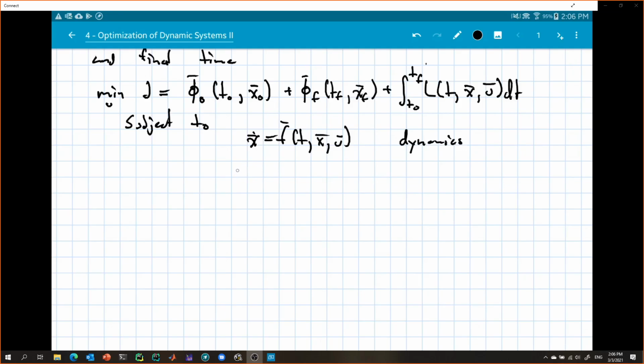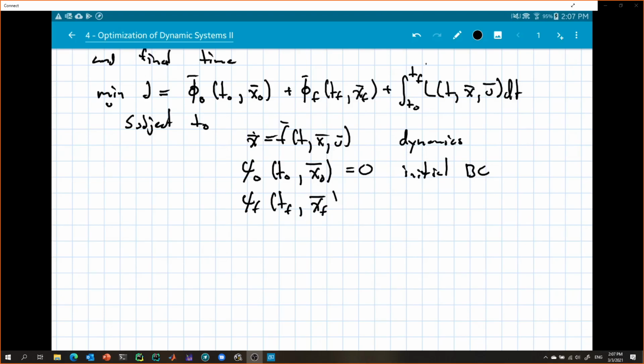Then we have initial boundary conditions, psi naught, based on initial time and initial state. And then the terminal boundary condition, likewise, is based on the final time and final state, and that's equal to 0.